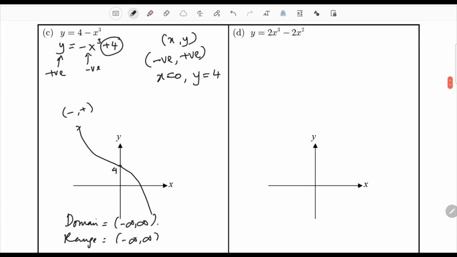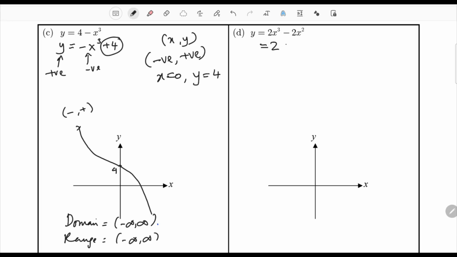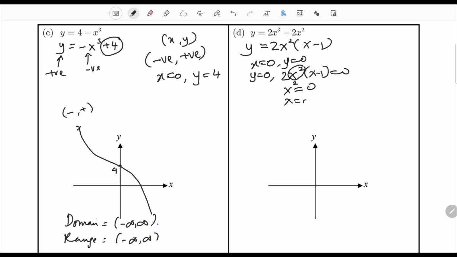Right, what about D? Okay, you have y equals 2x cubed minus 2x squared. So factorize 2x squared. So you get x minus 1. Right? So when x equals 0, you get y is 0. When y equals 0, you get 2x squared times (x minus 1) equals 0. So if you see here, you have x squared, right? So meaning your x squared is 0, so you get x is 0, or x minus 1 is 0, x equals 1.